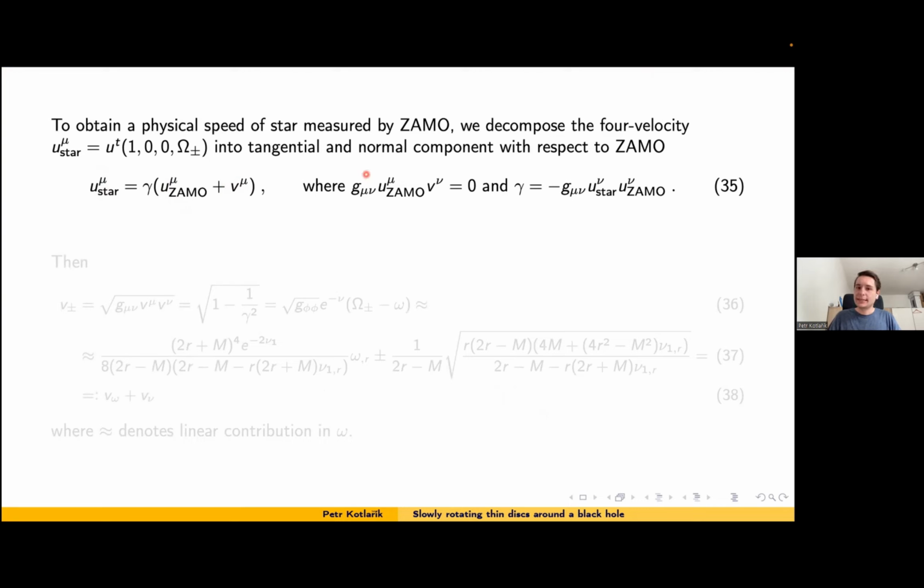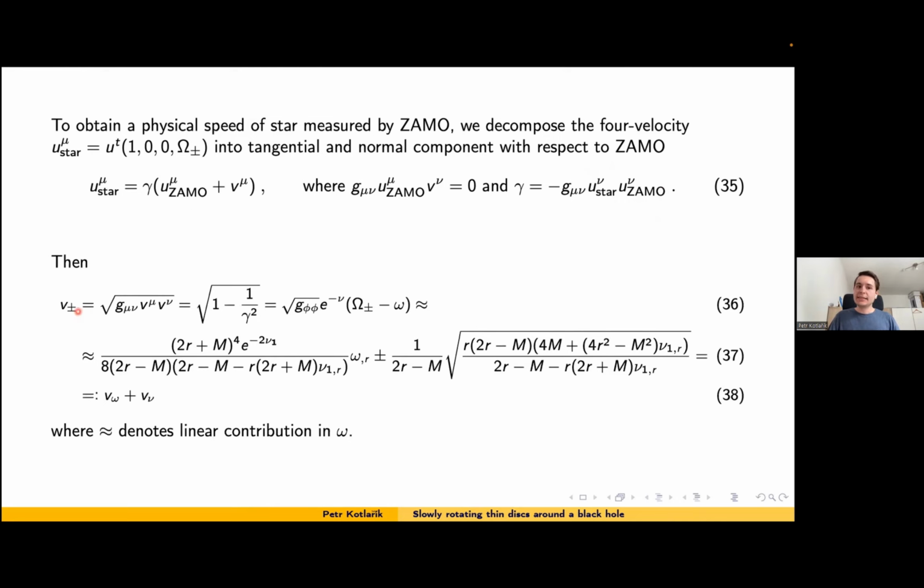That means that this V velocity is orthogonal to the ZAMOs, and this gamma is just the Lorentz factor given by the projection of the forward velocity of the star onto the ZAMO. And then the linear velocity, which would have been measured by the ZAMO observer, is just the norm of this forward velocity V.